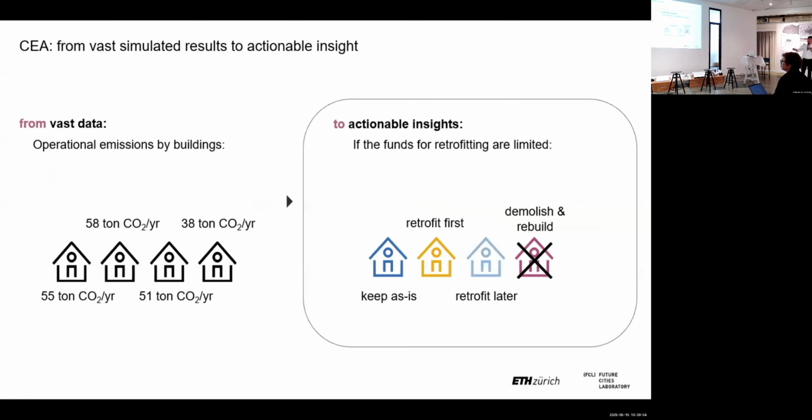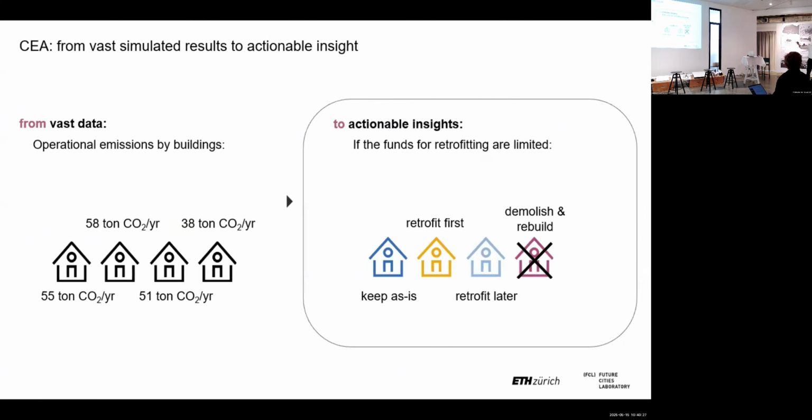This is one of the use cases. It's about emissions. Usually when you have software and you want to study emissions, we can generate the data. We know building A has 55 tons of emissions per year, and building C has 51 tons of emissions per year. This is not really helpful for designers. What we want to achieve is, for example, in a retrofitting or urban regeneration scenario, which building has more potential to be retrofitted first?